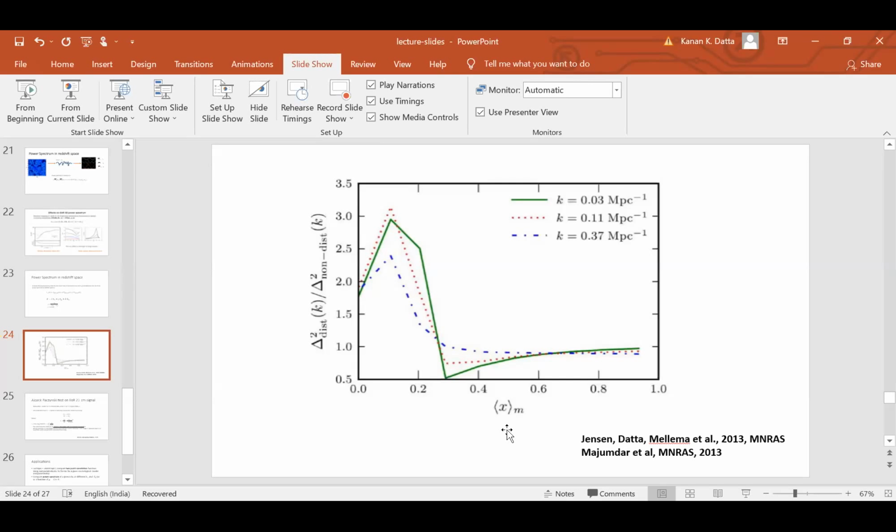But when your bubbles are small, that means you are referring to the early stage of reionization. There we see a very strong effect.